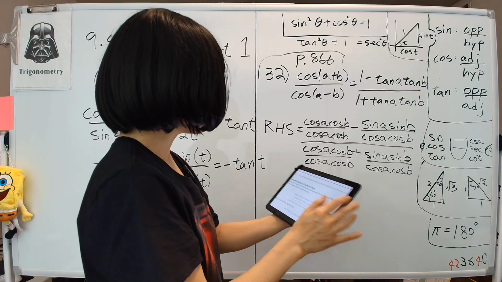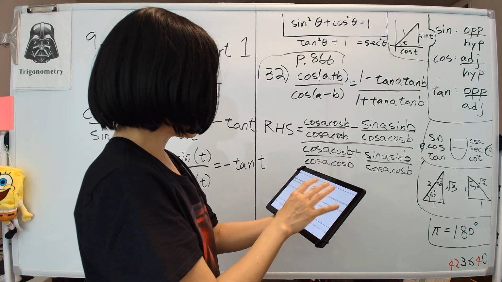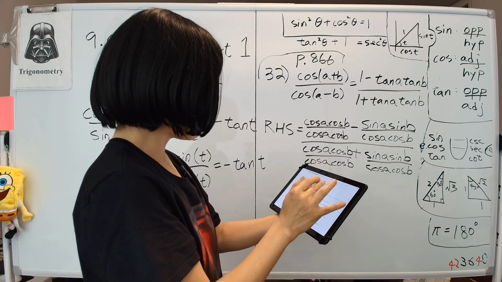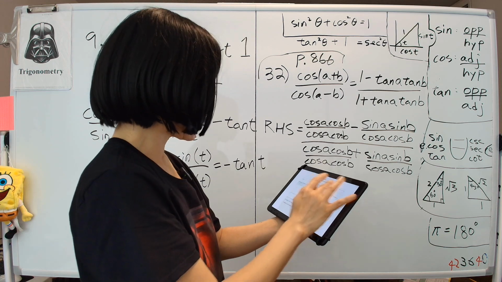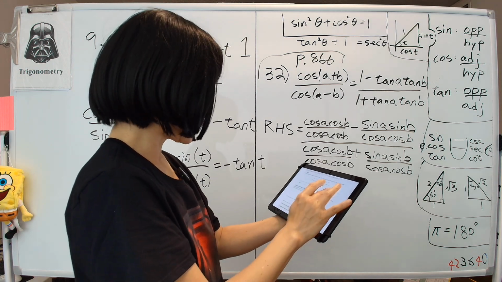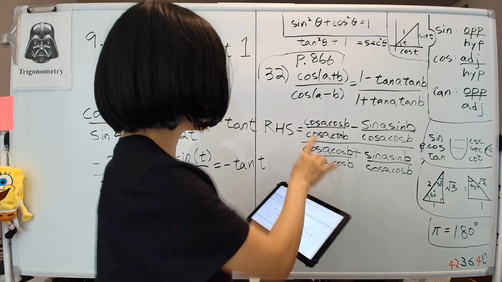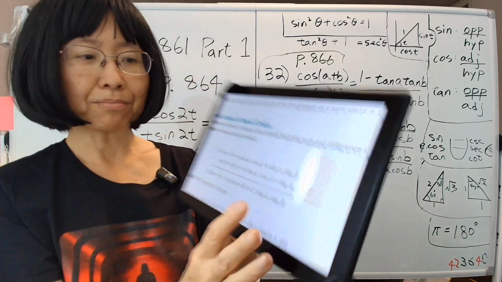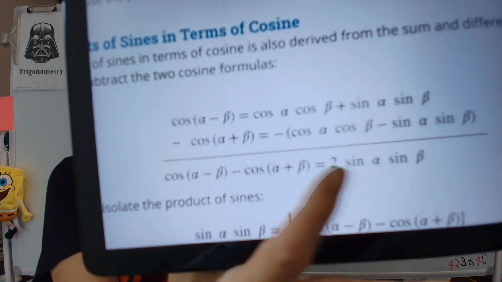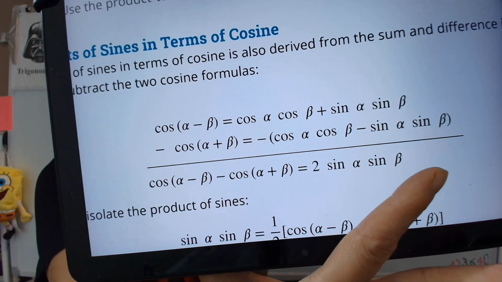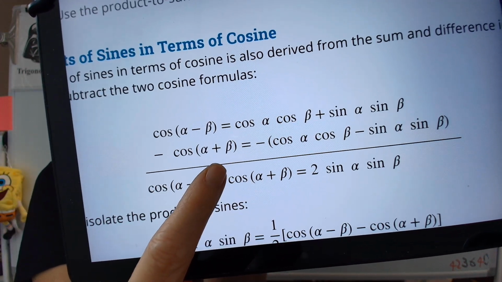We also mentioned that around example 2 on page 862, and I will show you right here. Okay, that is the first one. Cosine A cosine B minus sine A sine B is equal to cosine of A plus B.